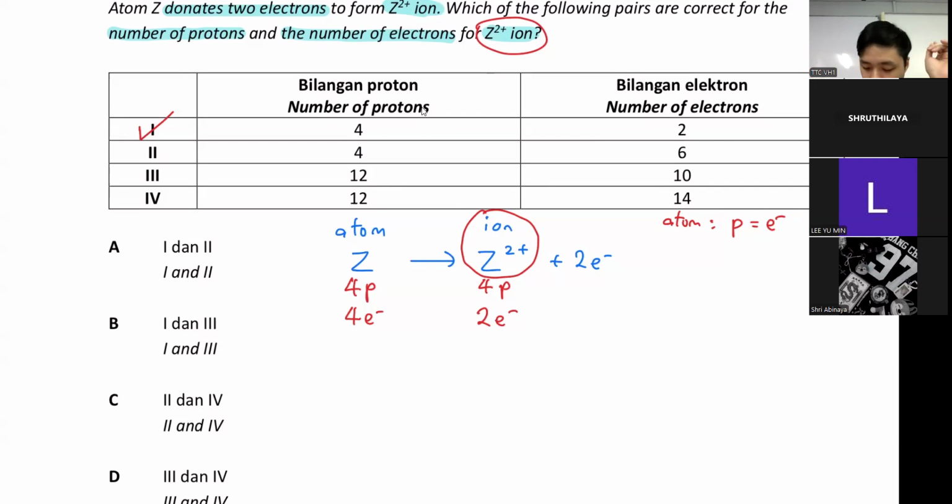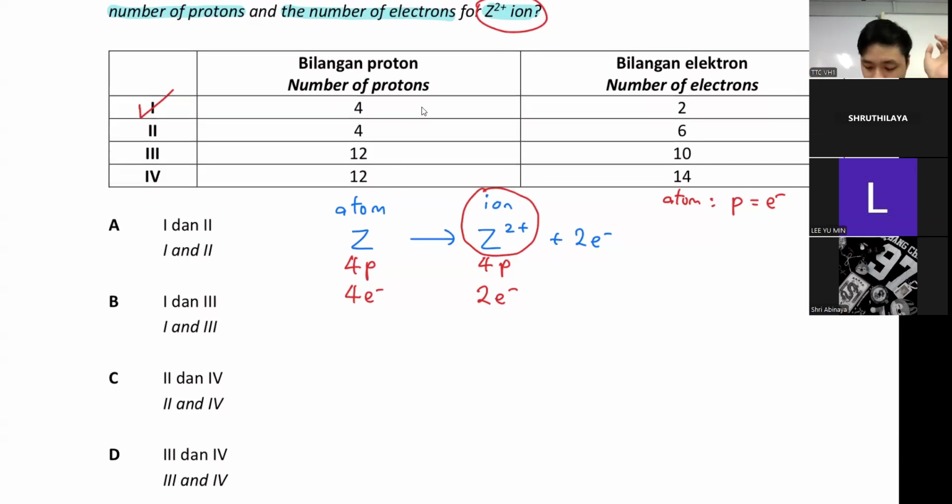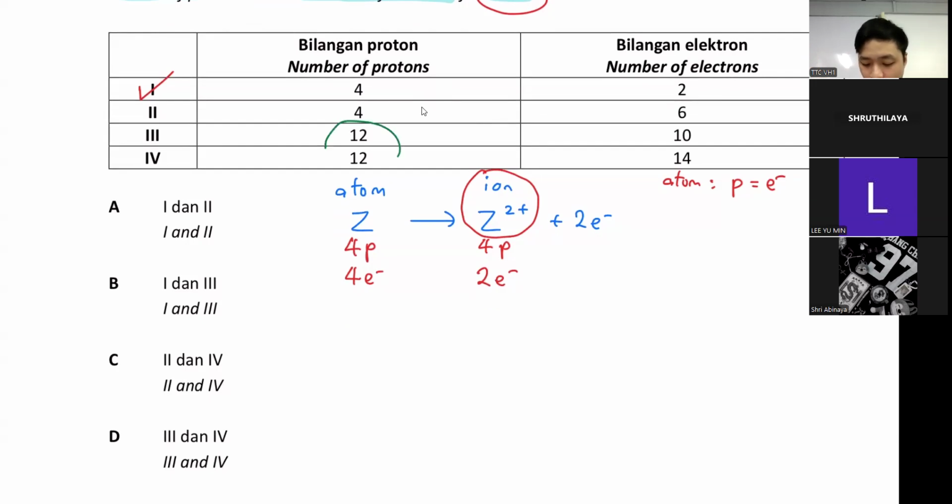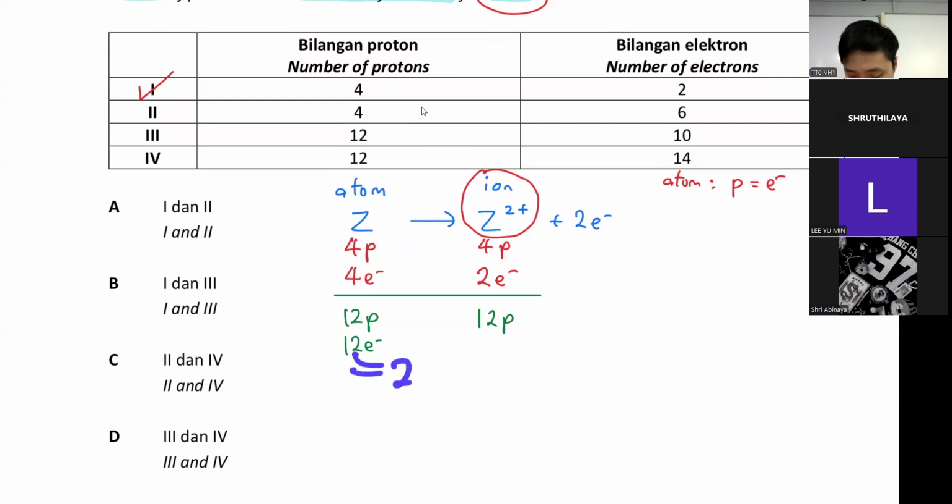What about the other one? I know some of you still got this one. So the third and fourth one, you see got 12 protons. Which one is correct? We do the other part. 12 protons, of course, proton won't change, even after donating electrons. But electron at the beginning is the same, of course, for an atom. After donating 2, donate means minus electron, give to somebody.